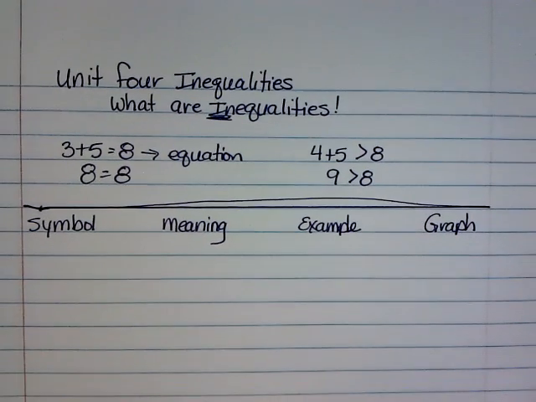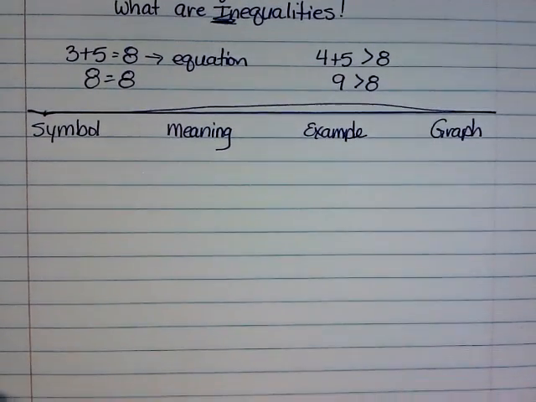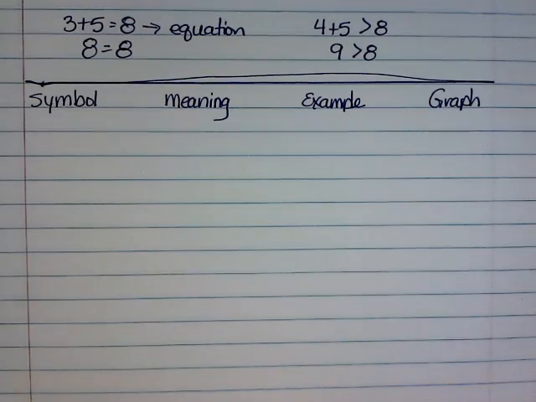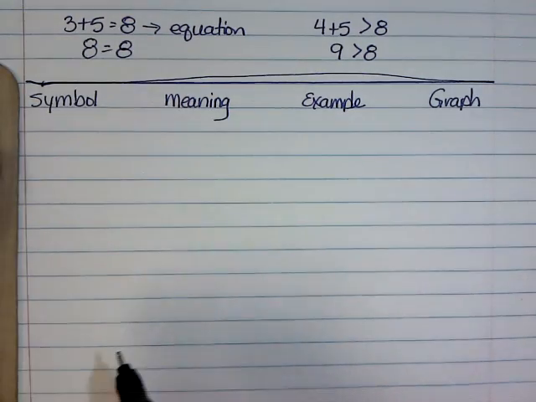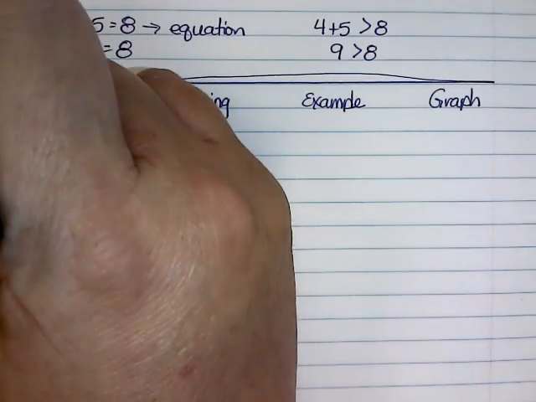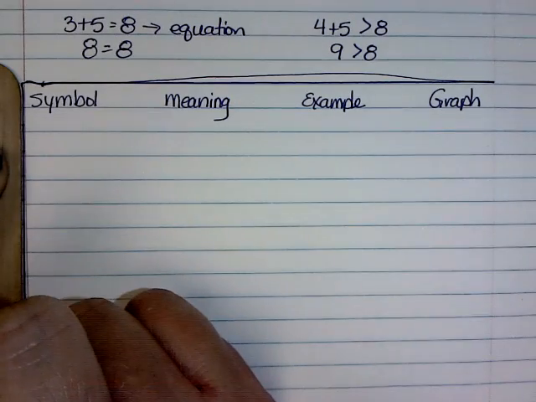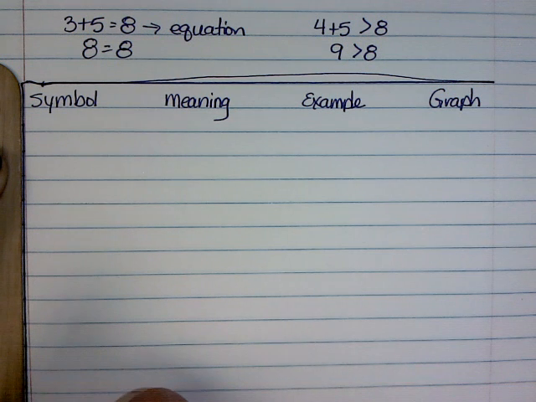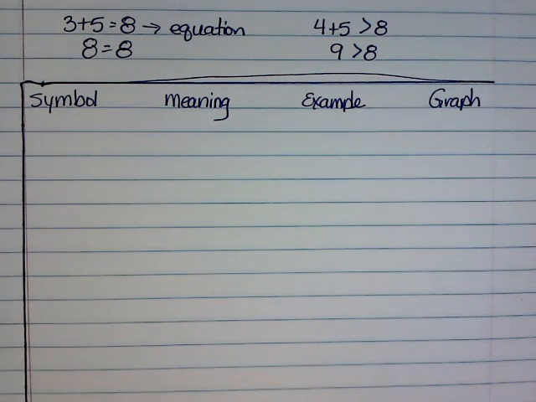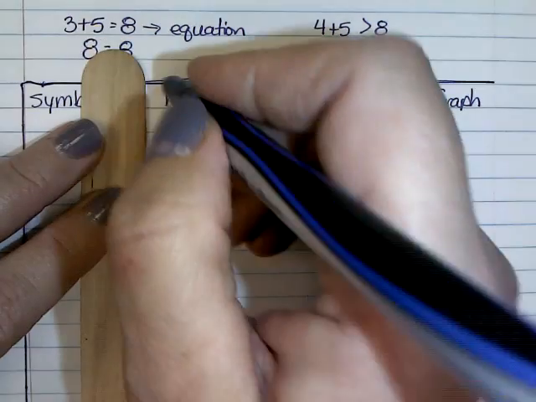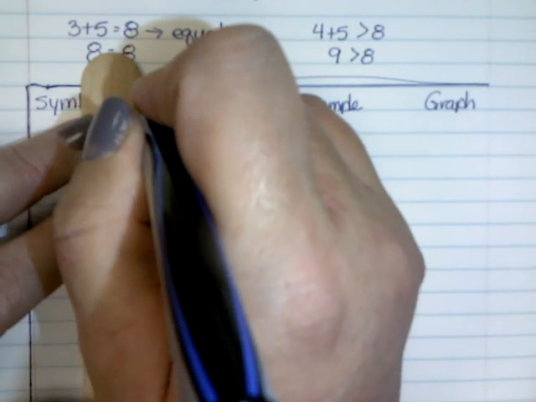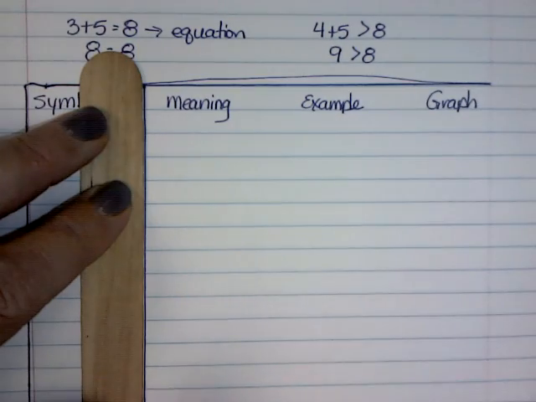And then we'll practice and get really good at writing and understanding what these all mean. So I'm going to scoot this up a little bit so everybody can see better. Okay, and I'm going to go down about 1, 2, 3, 4, 5, 6, 7, 8, 9, 10, 11, 12, 13, 14, 15, 16, 17, 18, about 18 lines down. And I'm going to draw a line 18 down between all of my columns.